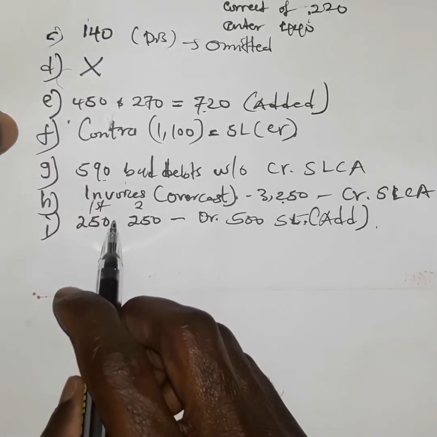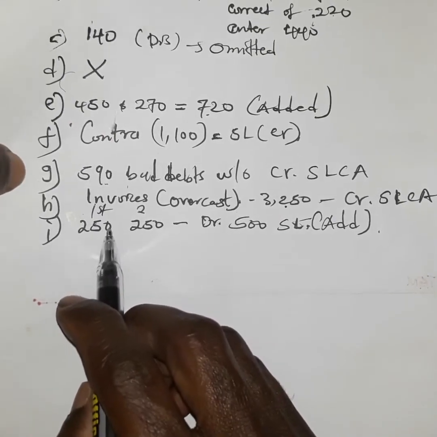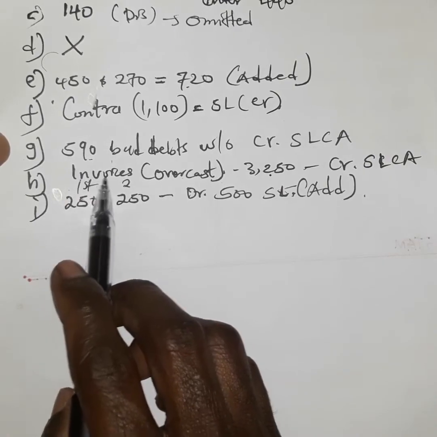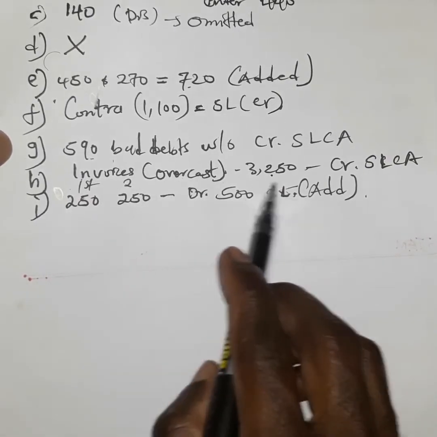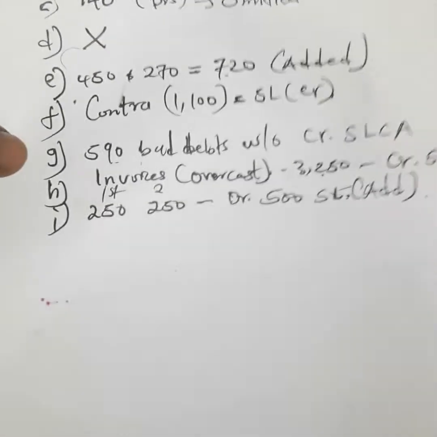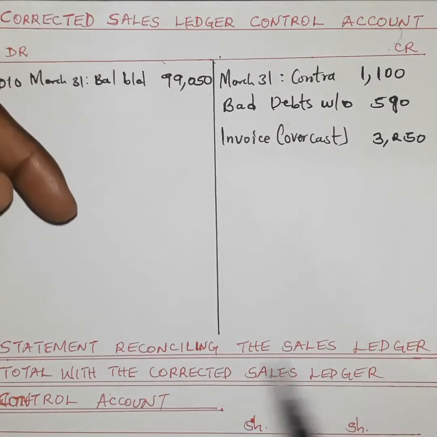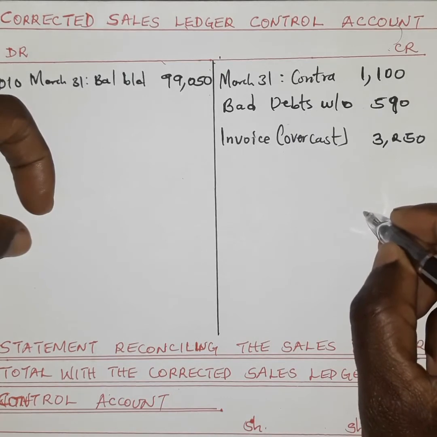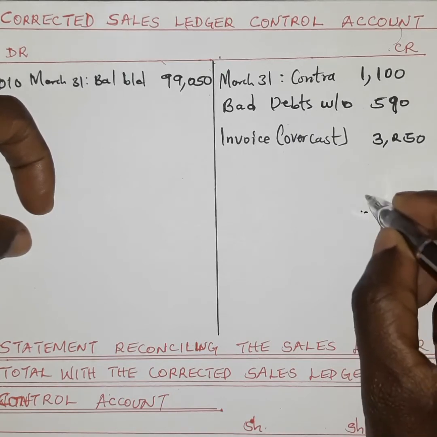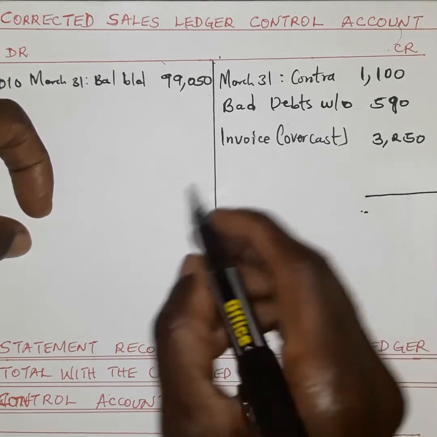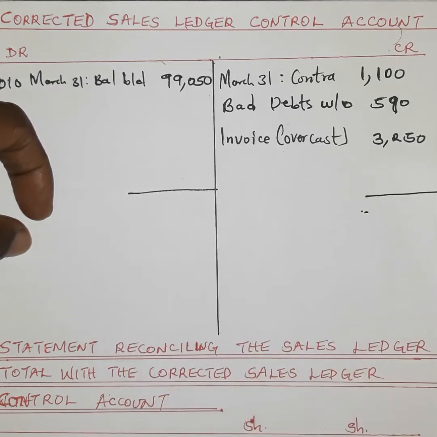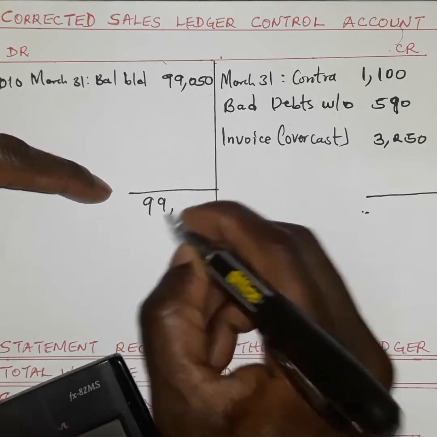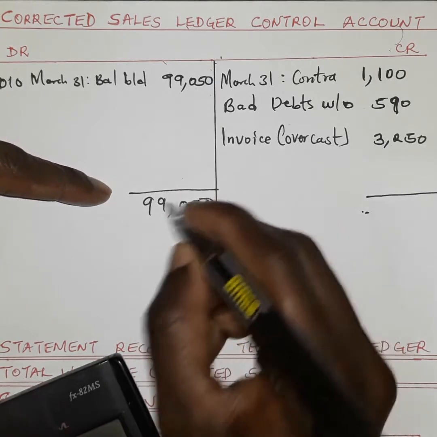Then of course the last entry, there's no other entry under the sales ledger control account. So we are supposed to get the total. We are supposed to balance this account. And balancing the account means we are going to get the total on both sides. Like here, the total here is 99,050.